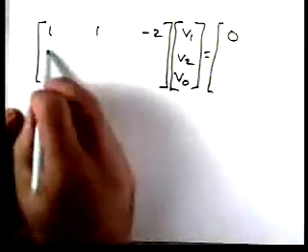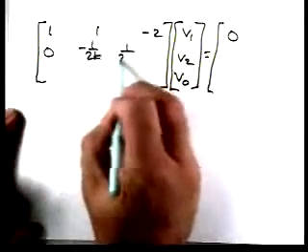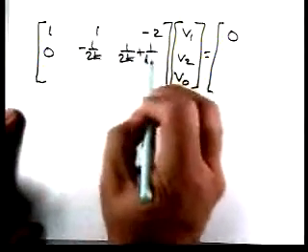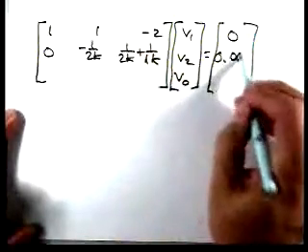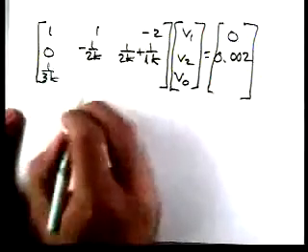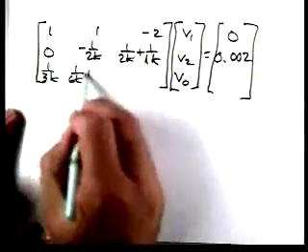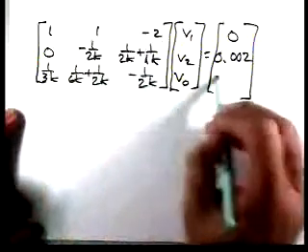And our second equation is this, and then our KCL equation for the supernode is the following.